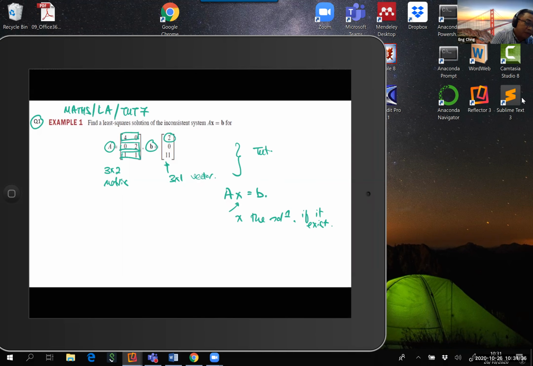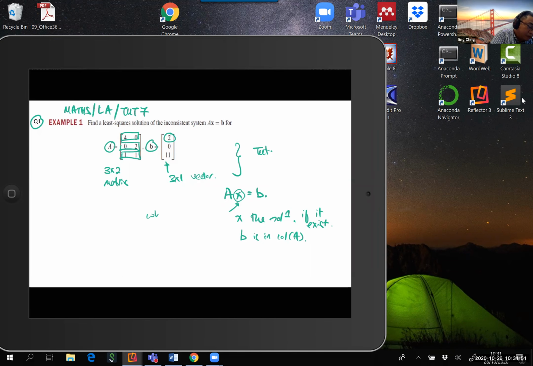And it exists only when, guys, when would it exist? It exists only when B is in the column space of A. Only when B is in the column space of A will AX, whatever X is, equal the right-hand side.